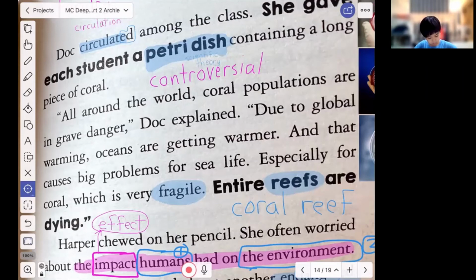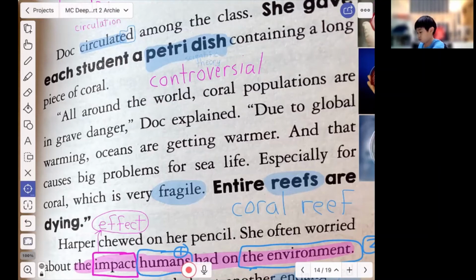This is an important paragraph in the book because I think the author of this book wants you, the reader, to believe this. So just like the students in Doc Culpepper's class are going to believe Doc Culpepper, you, the reader, might believe this also because Doc Culpepper is a teacher.